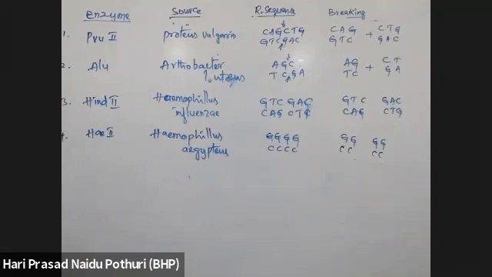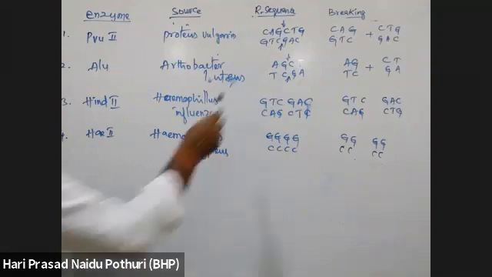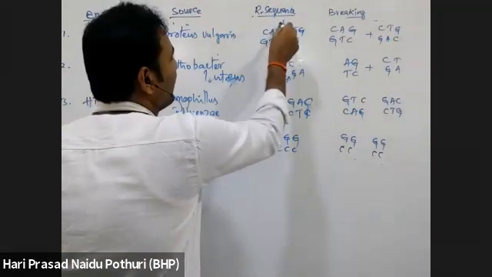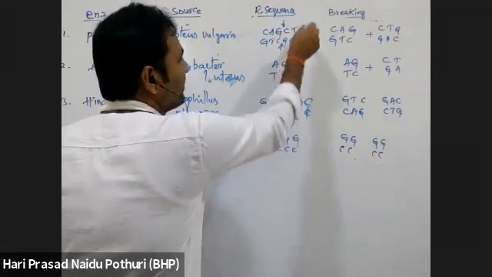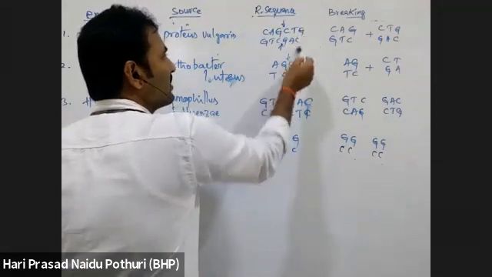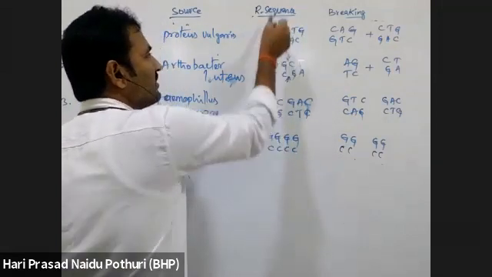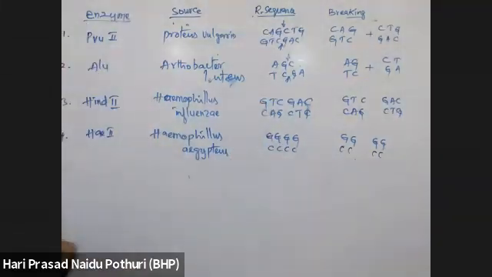See here CG, AT, GC, CG, AT, GC. Reverse also GC, AT, GC, GC, AT, GC. That is palindromic sequence what I told you on first class. This is different types of type 1 restriction enzymes. Note down that.